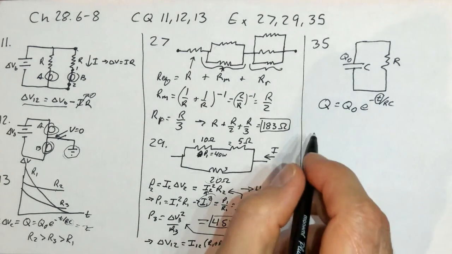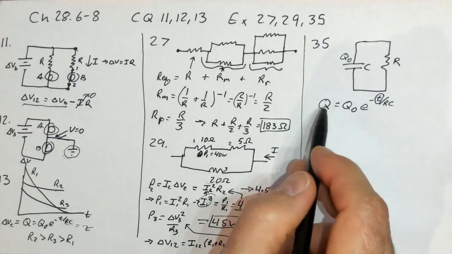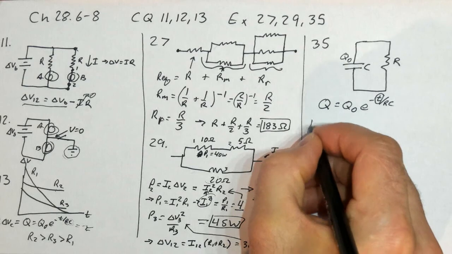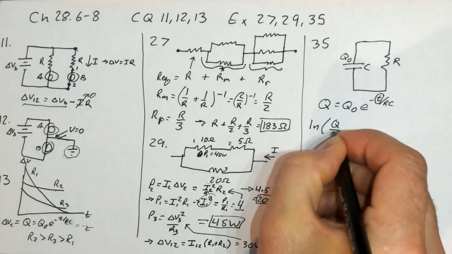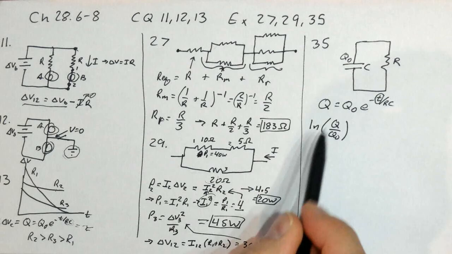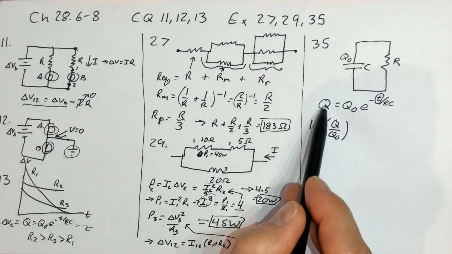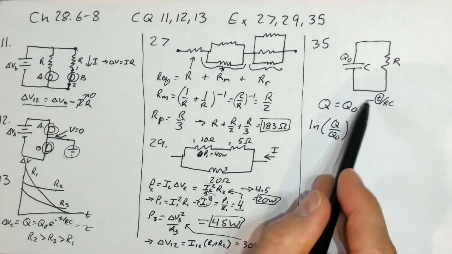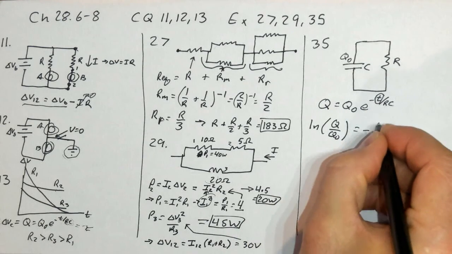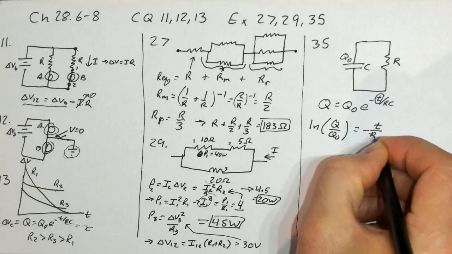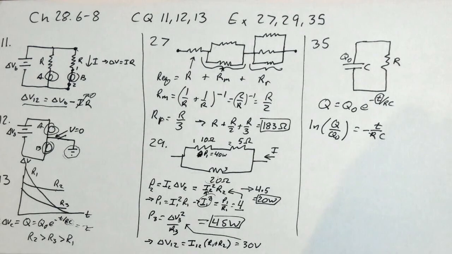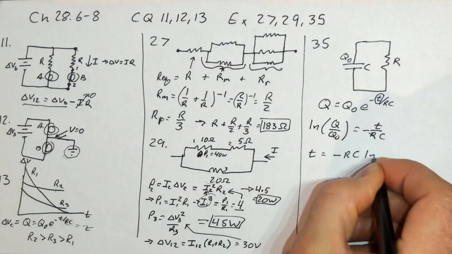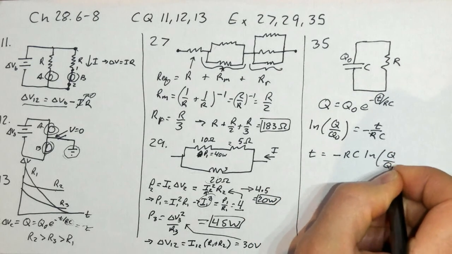Solving for t is kind of reversing the derivation that we used to get this equation. So let's divide the Q0 over and then take the natural log of both sides. The natural log of e to something is just the something. So that's negative t over RC. Now solving for time, we get time equals negative RC natural log of Q over Q0.